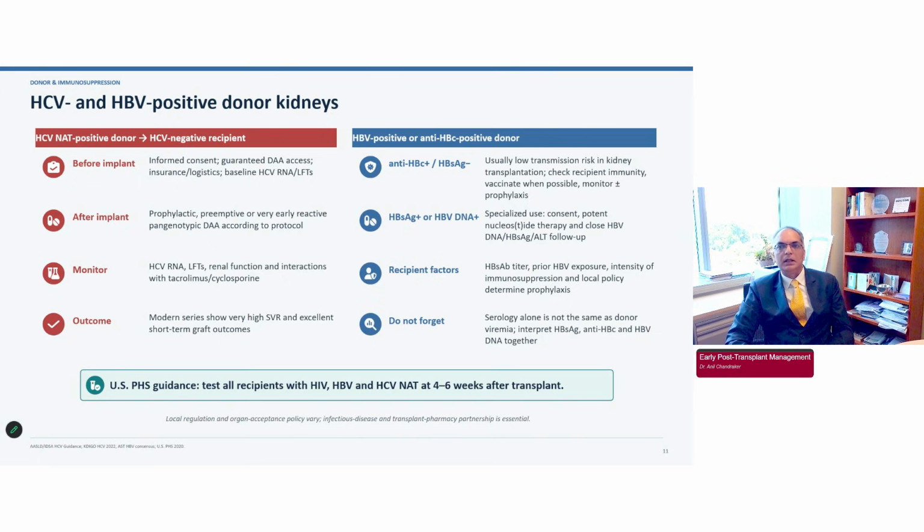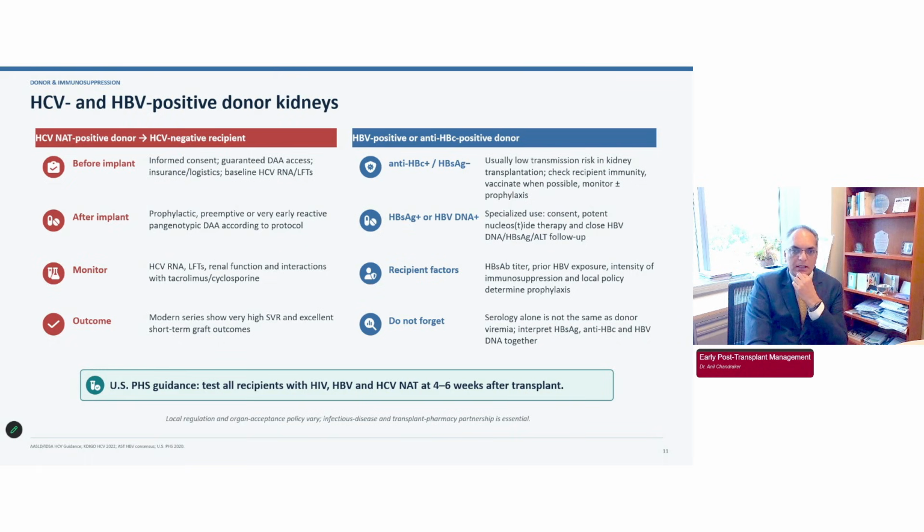They need close follow-up, and they will need therapy following transplant. So that is really a specialized circumstance, and it needs to be very clear that the patient has accepted that organ and that there is a benefit to transplanting that patient.